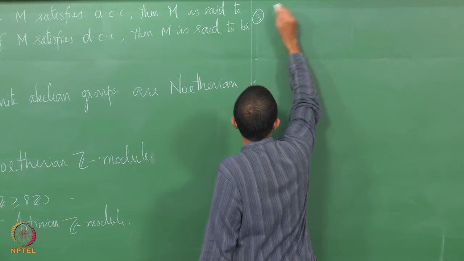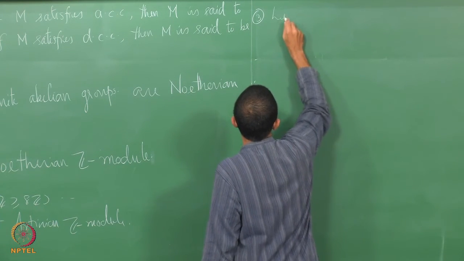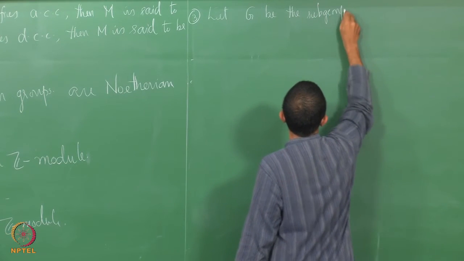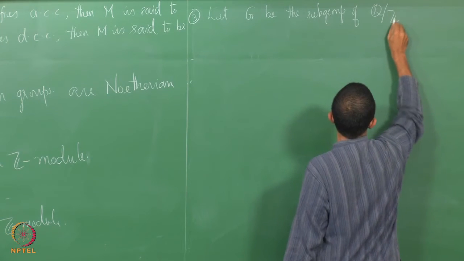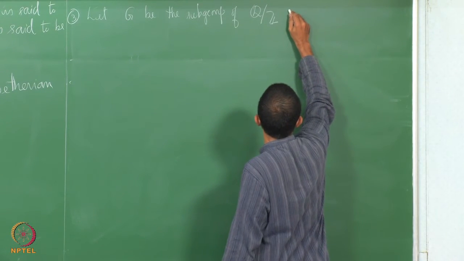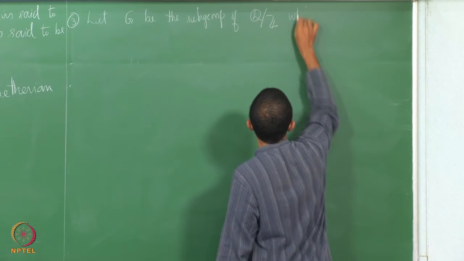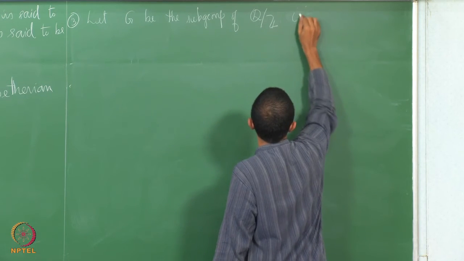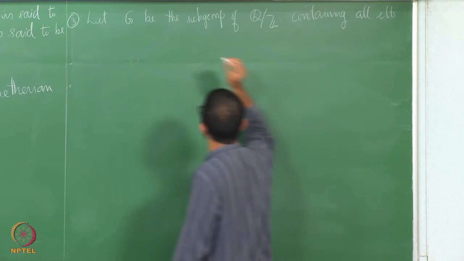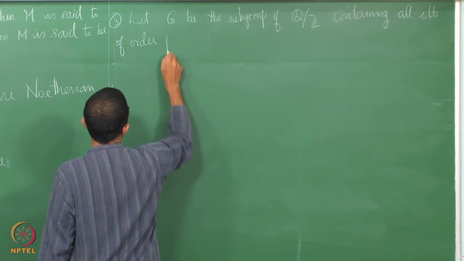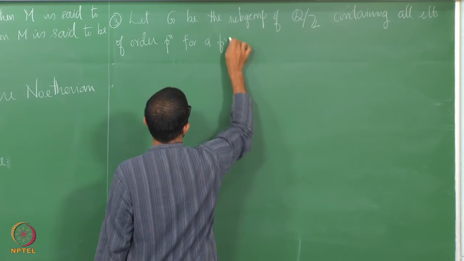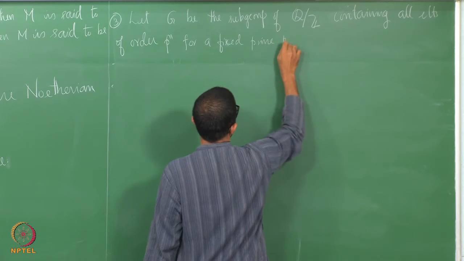So, let us consider the subgroup G of Q mod Z. I am looking at the subgroup of Q mod Z containing all elements of order p power n for a fixed prime p and some n.